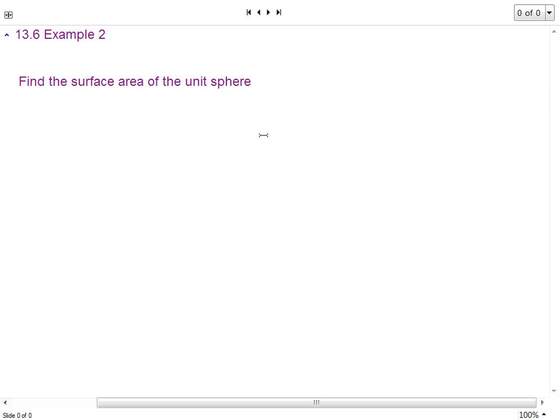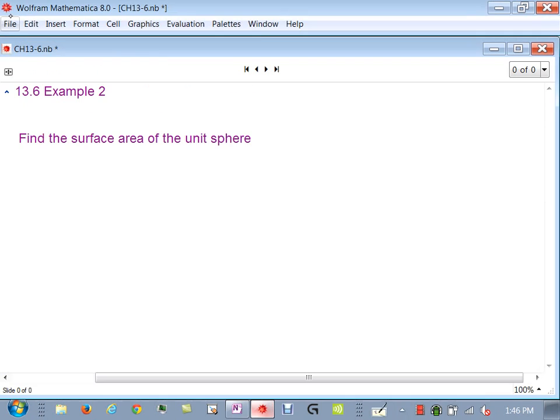You believe that? So whether or not you look it up in the formula, what we want to do is find the surface area of a sphere using what we just learned, and it should match the formula. It's a unit sphere, which means the radius is what? 1. Okay, that's important.